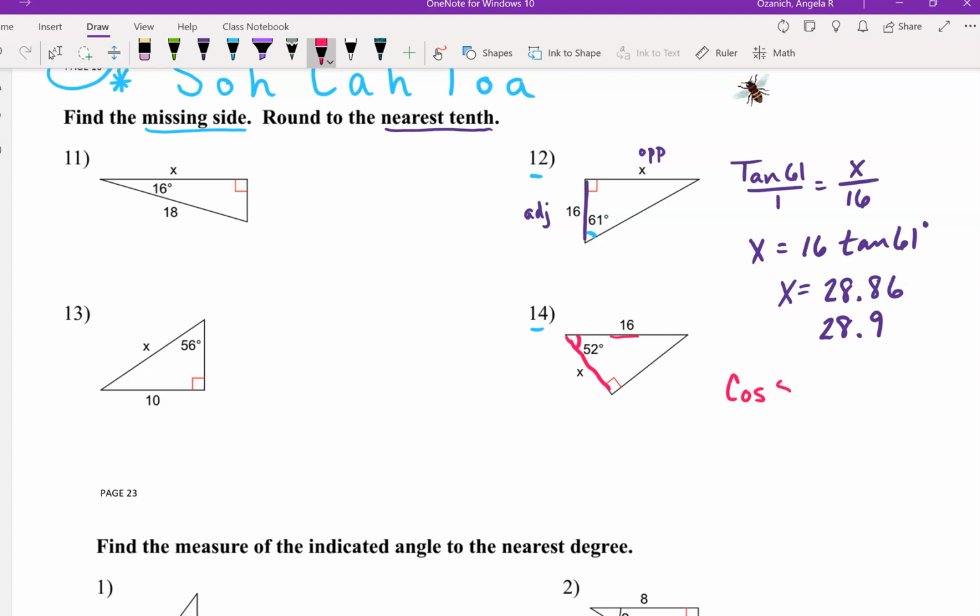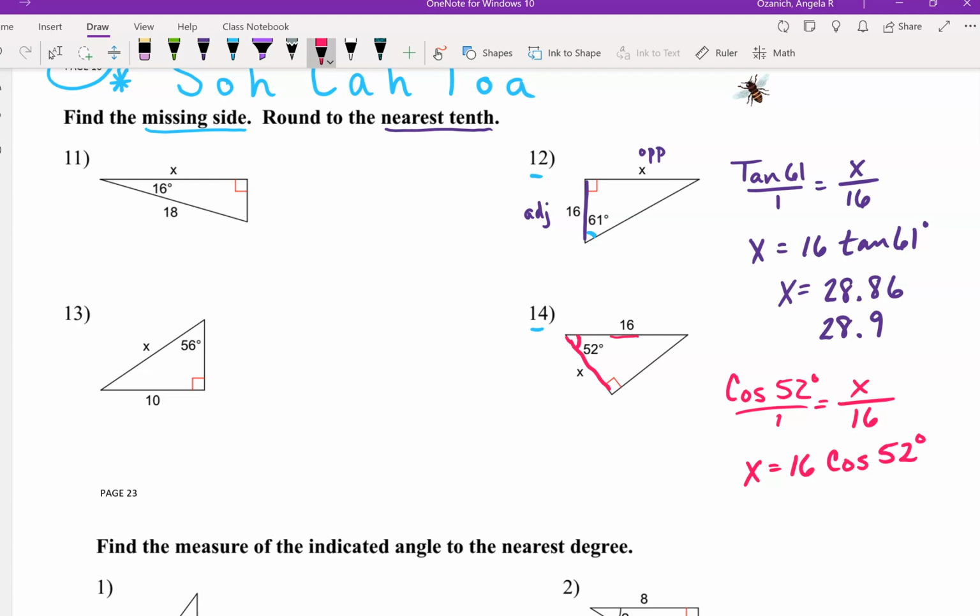We're going to say the cosine of 52 degrees is equal to adjacent, which is x, over hypotenuse, which is 16. Again, our algebra on this one is pretty straightforward because we can just take 1 times x and get x is equal to 16 times the cosine of 52. Don't forget that sometimes, especially when your unknown variable is on the bottom of your fraction, you're going to have to divide.